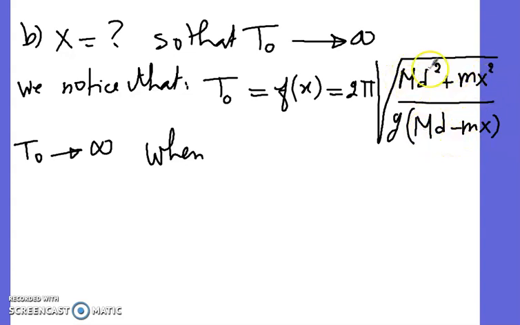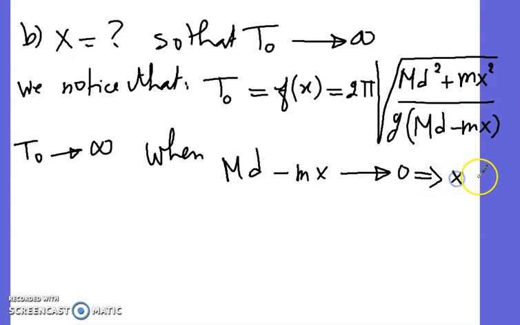Because this numerator is always positive. So when m d minus m x tends to 0, this means that x tends to m d over m, right?